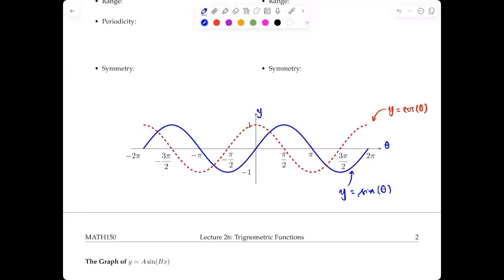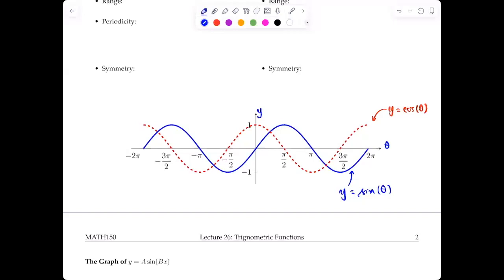Now go back to the unit circle. You remember again the point at the 0 degree angle. Cosine of 0 is equal to 1, right here. And sine of 0 is equal to 0. You okay with that? Okay. So that's a quick example right there.